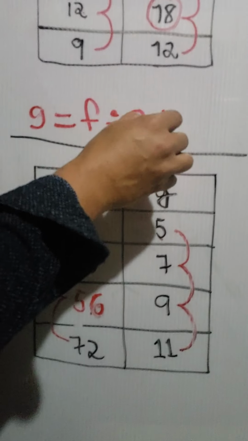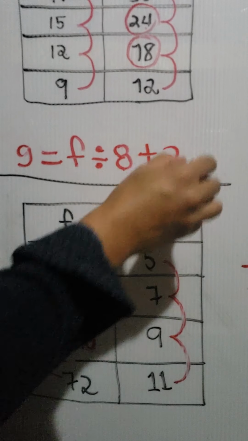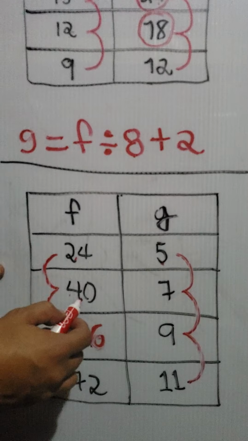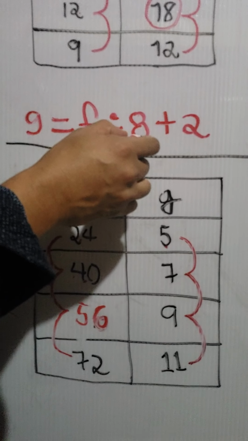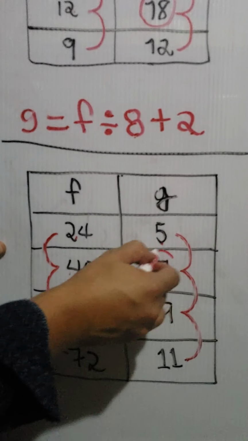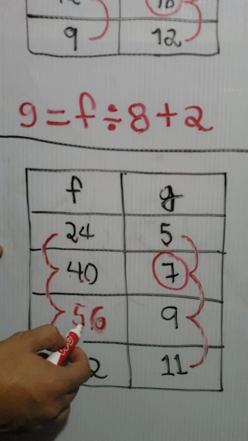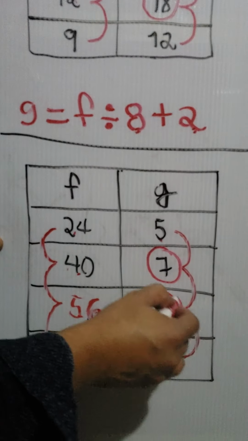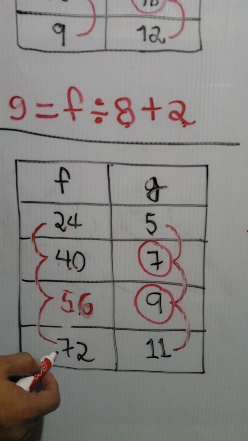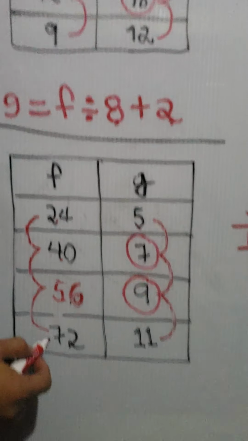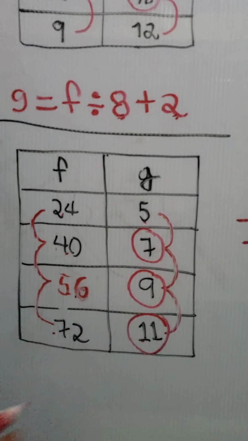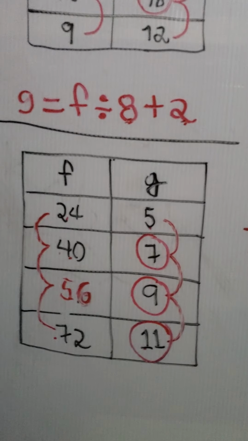So we are going to add 2 more so that it can be a 5. Let's see if we do this the same. 40 divided by 8 is 5. Plus 2, 7. 56 divided by 8 is 7. Plus 2, 9. 72 divided by 8 is 9. Plus 2 is 11. So it is okay.